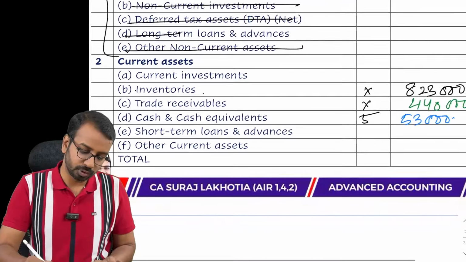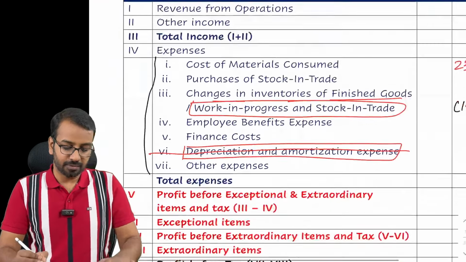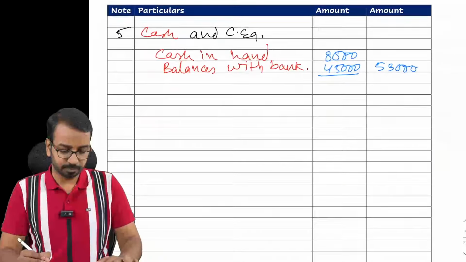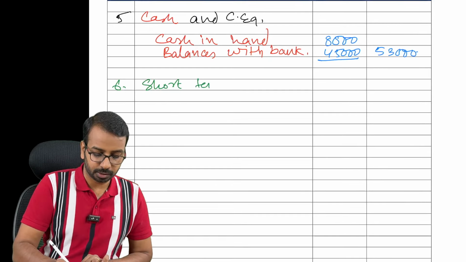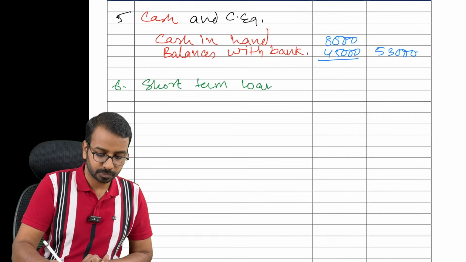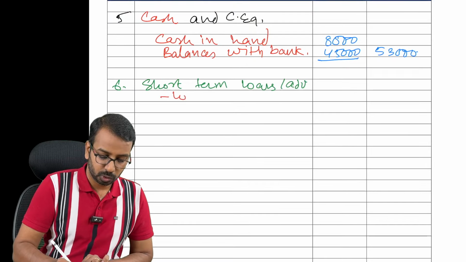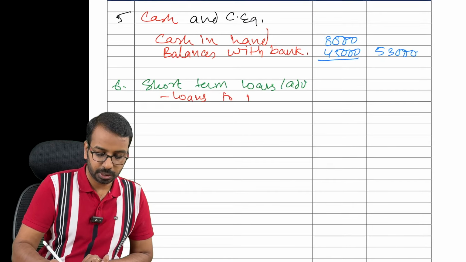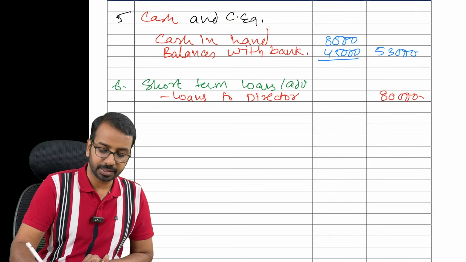So under short term loans and advances, note number 6, 80,000. Loans to director, how much? 80,000.